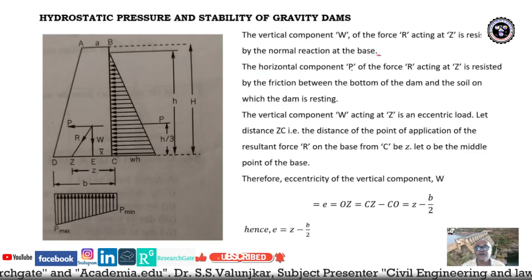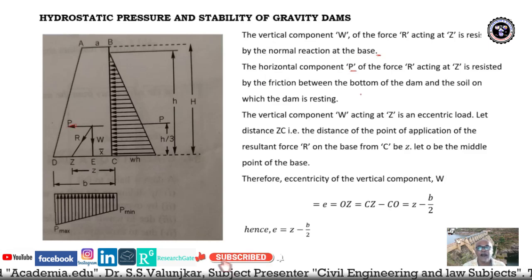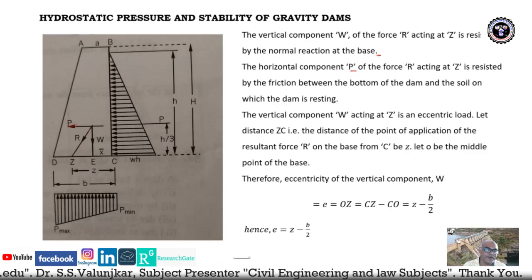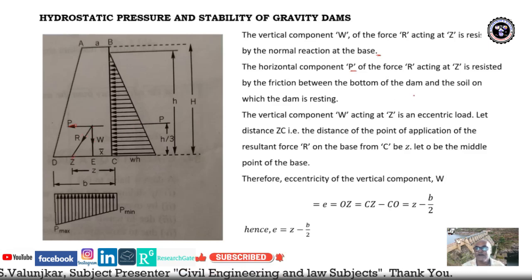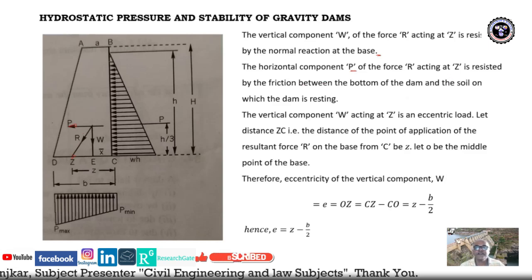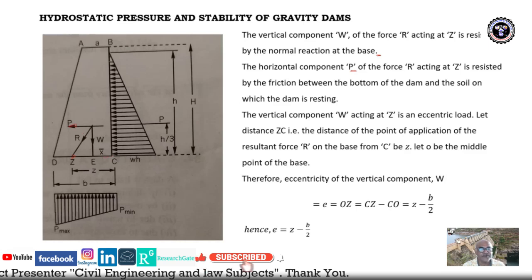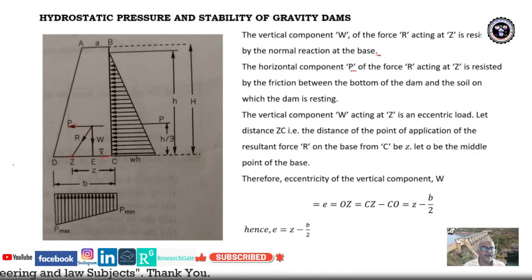The horizontal component P, because of the water here, is resisted by the friction between the bottom of the dam and the soil on which the dam is resting. So the vertical component W acting at Z is an eccentric load here.